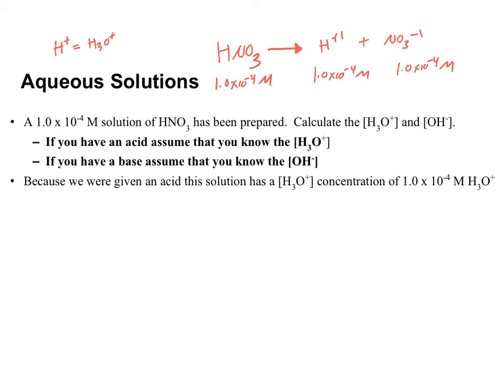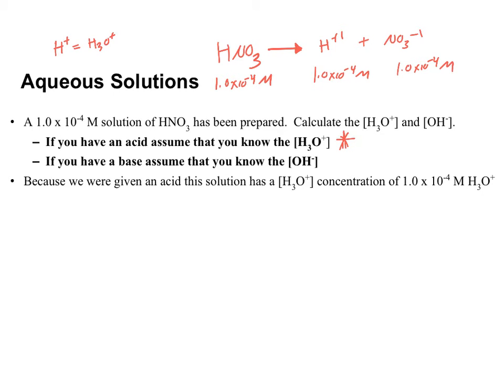So in a strong acid solution, when it dissociates or breaks apart, I know the concentration of both of the ions. And in this particular case, since I'm being asked to calculate H3O plus and OH minus, and because it's an acid, and it's a strong acid, I get to assume that I know the concentration of H3O plus.